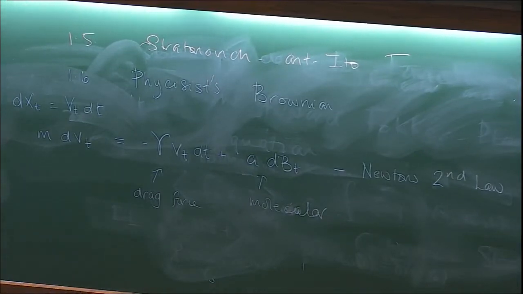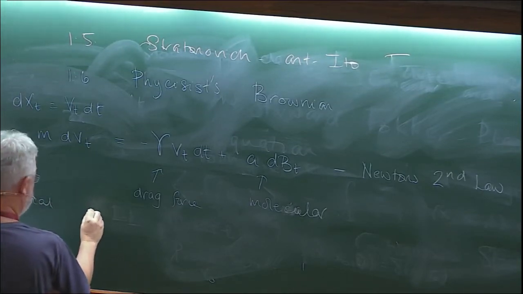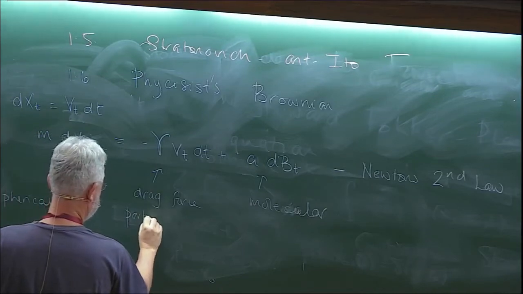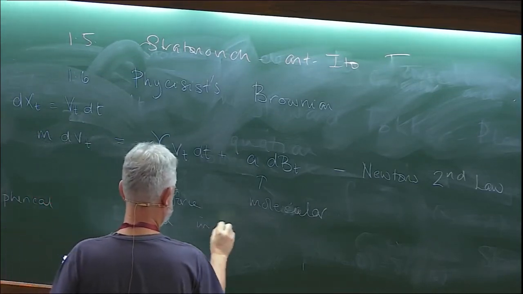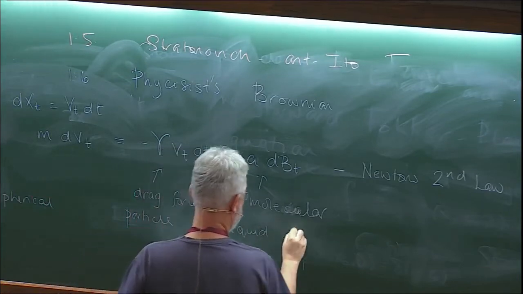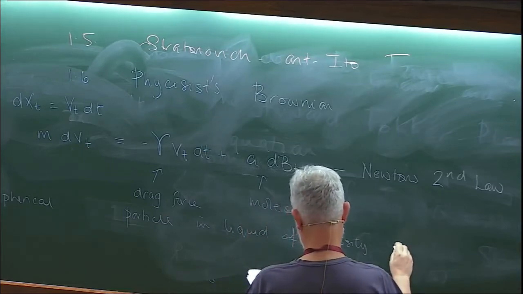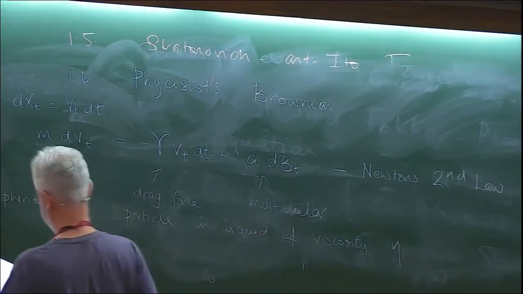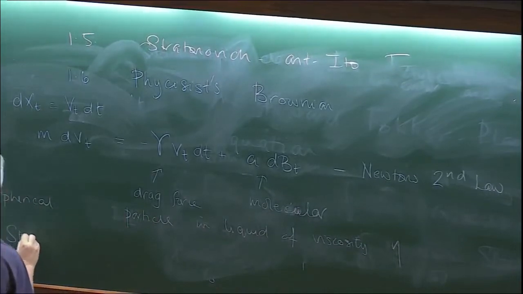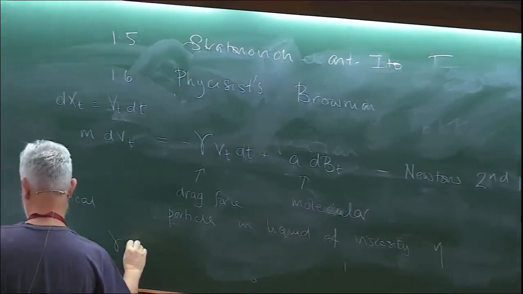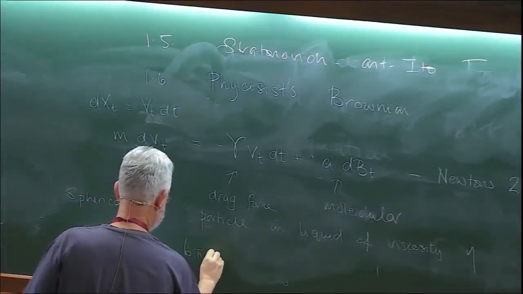So now I want to know what's A. How do I construct A for my particle? Okay. So let's have a look. For instance, we know that gamma for a spherical particle in a liquid of viscosity eta, we know the friction coefficient, Stokes tells you that the friction is equal to 6 pi eta times r, right?